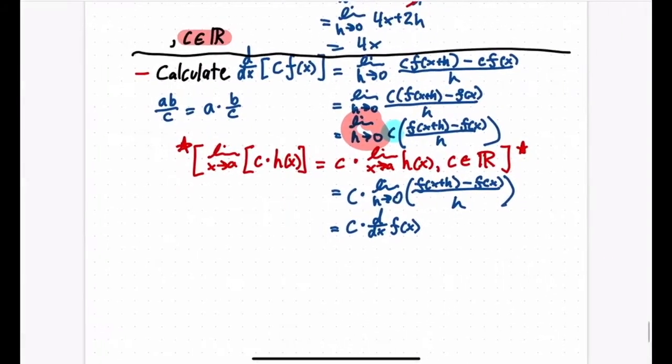So what we're saying here then is that the derivative of a function that's being multiplied by some constant is equal to that constant multiplied to the derivative of that function. So you can move that constant outside of the derivative, perform the derivative on just that existing function, and then multiply those two things back together and get the same answer.